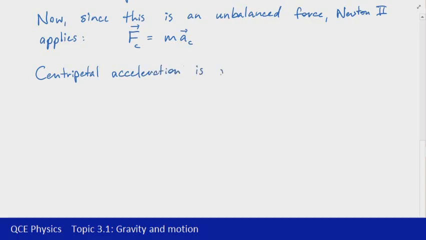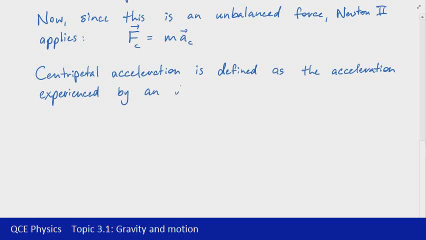But again, a definition that you could learn word for word is: centripetal acceleration is defined as the acceleration experienced by an object moving in a circular path, and that acceleration is also going to be directed towards the center of motion.